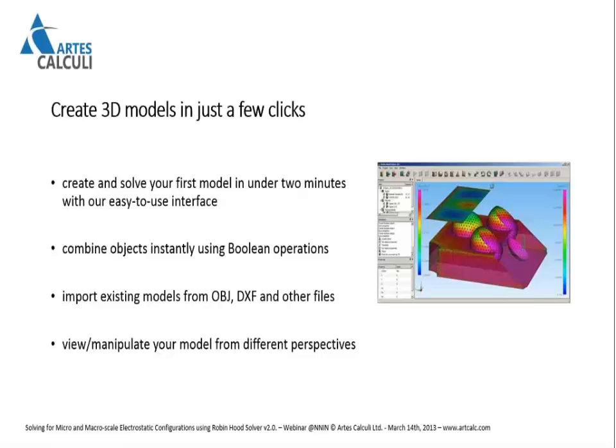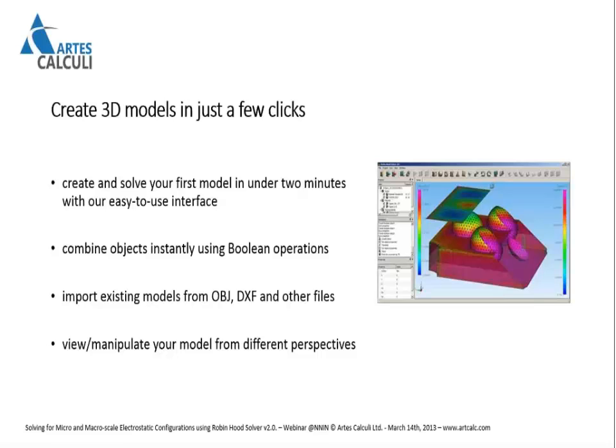And you can combine these objects instantly using Boolean operations. On this slide, you see an example of such an object. This is an arbitrary configuration of spheres, boxes, and a metal plate. It has been created in Robin Hood Solver in less than 5 minutes. And this image shows the object as it looks after the calculation has been done.